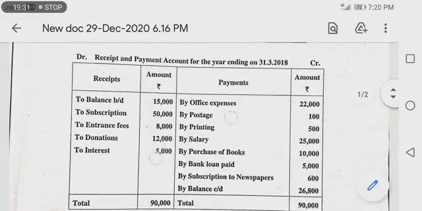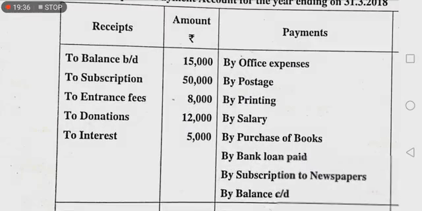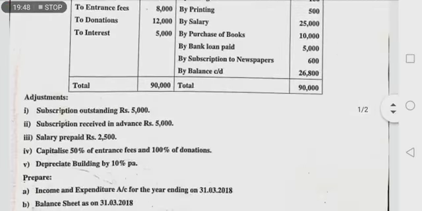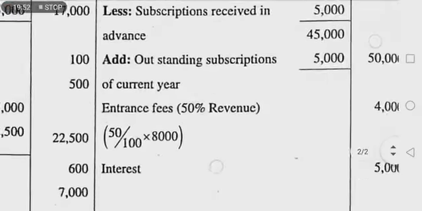So they have mentioned it specifically, so whatever entrance fees they have given, 8,000, you just take 50% of the amount to the income side of the income and expenditure account, and the remaining 50%, that is 4,000, to the balance sheet. Now you transfer 4,000 to the income side, you can see here.